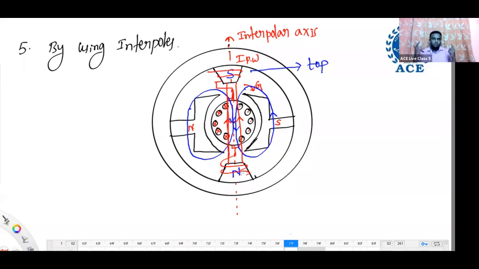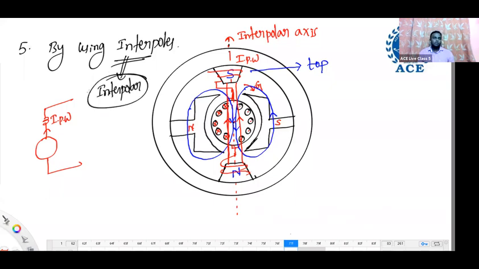So when there is armature current, same current will go in the interpole winding also at the same time. So armature flux and interpole flux produce at a time in the interpolar region. Therefore, by using interpoles, we can reduce the effect of armature reaction in the interpolar region.